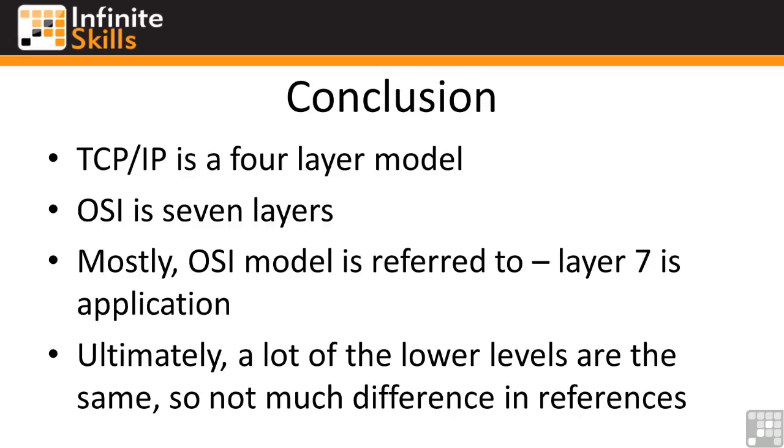When we're talking about the network layer or the internet layer in the TCP/IP model, that would be layer 2 there, but it's really layer 3 in the OSI model. So again, they're really talking about the same sets of functionality. They've just broken them up in different ways.